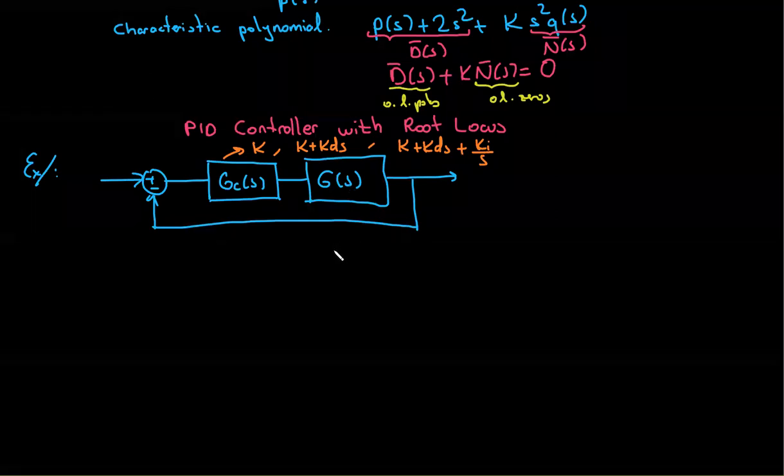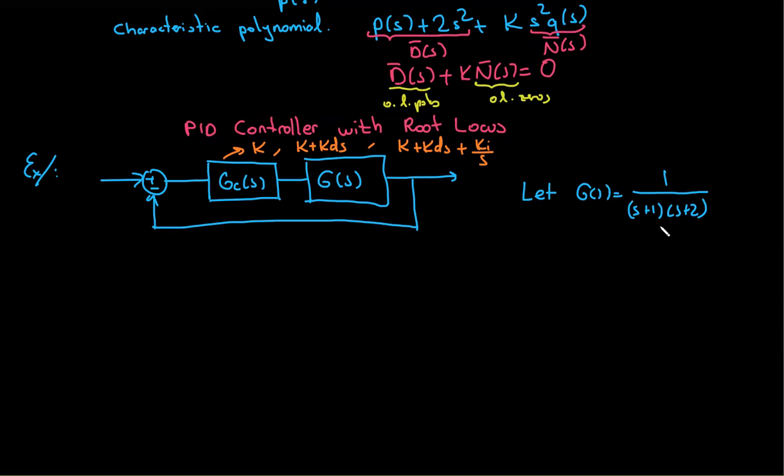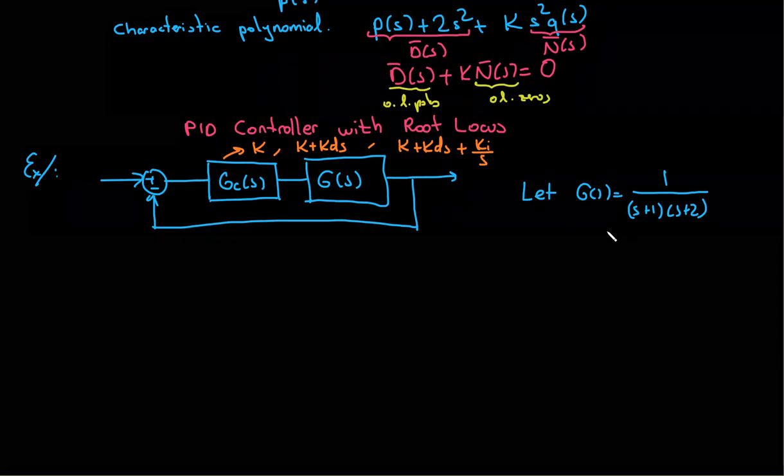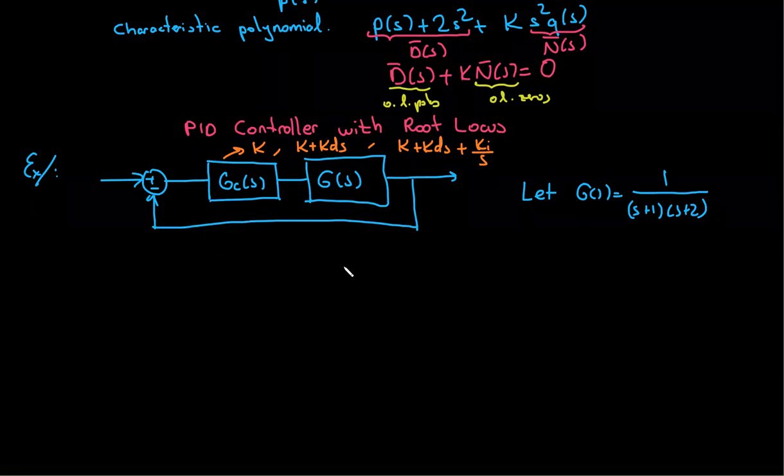Let's start with a simple example, where G of S is equal to 1 over S plus 1 times S plus 2. Let's start from the easiest case, a simple P controller, and see where the closed loop transfer function poles lie in the S-plane as we change K from 0 to infinity.